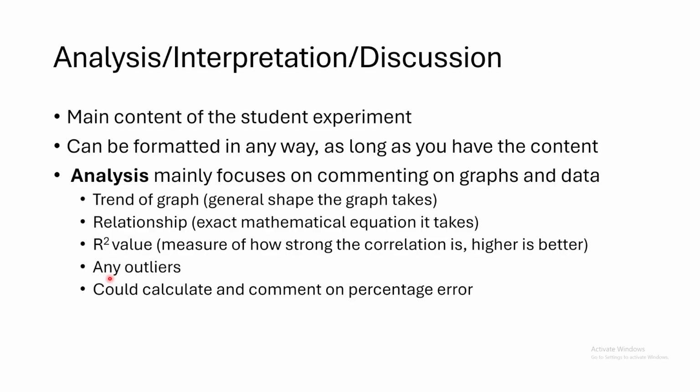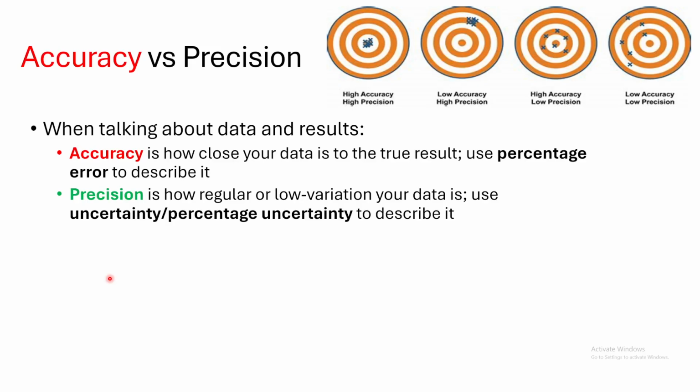Now, you can also comment on percentage error, and also calculate it in the section if you want to, and also comment whether your data is accurate or precise. Now, this is different from valid and reliable when we're talking about it in the sense of the analysis section.